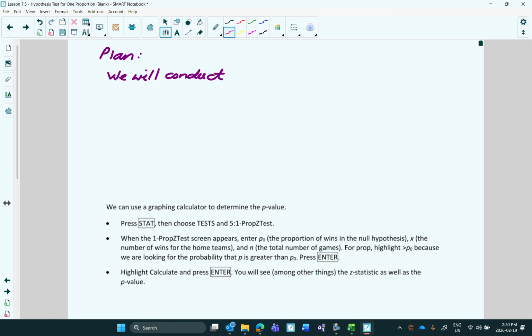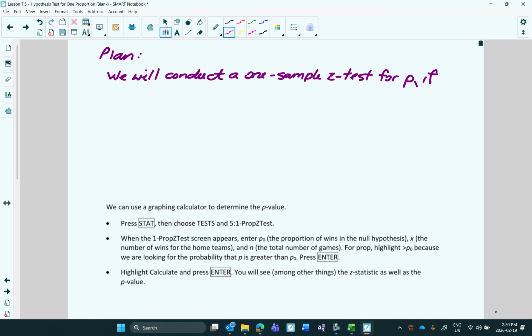Remember, confidence intervals we create, hypothesis tests we conduct. A one sample z-test. And then you have to state your conditions.